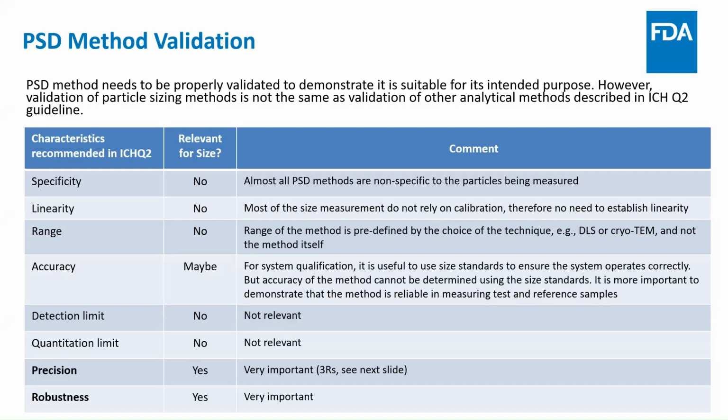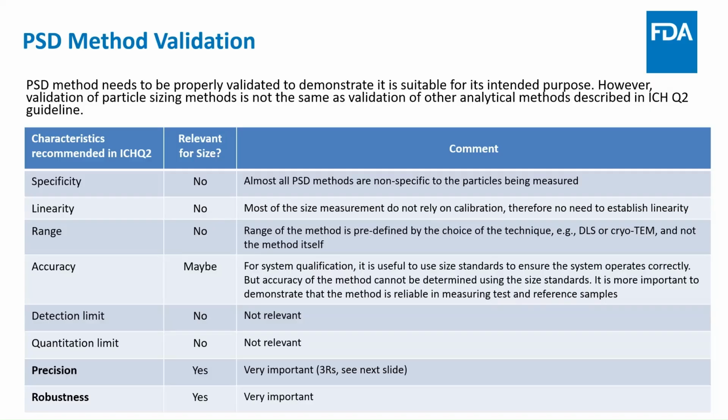System suitability as well. So typically, as part of validation, this is a complete list of the things we want to see, right? But keep in mind for size, what's suitable for its intended purpose, not every one of those parameters is suitable. So for example, we go one by one, specificity.